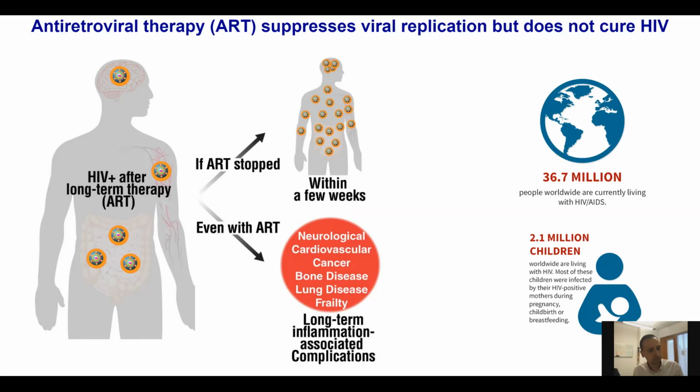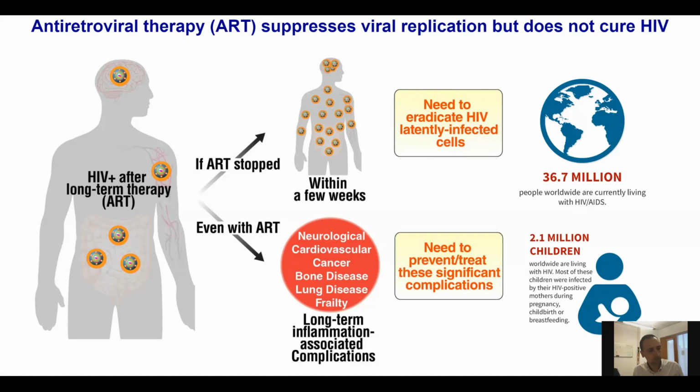These diseases happen at a much higher rate and sometimes at a much lower age in HIV-infected individuals compared to their HIV-negative counterparts. So that's why there is still a lot of interest in finding ways to enhance immunity, to eliminate these HIV-infected cells, to cure HIV and prevent these significant complications.